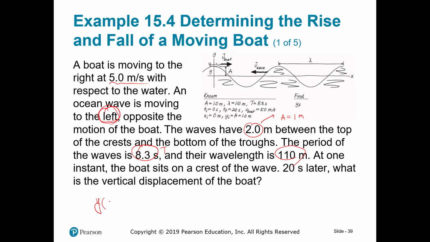So basically you can find your wave function, which is a function of x and t. It is A times the cosine of 2 pi over lambda x, and the sign is a plus because the wave is moving to the right, and then 2 pi over T times small t.